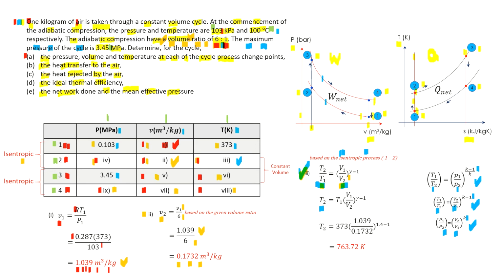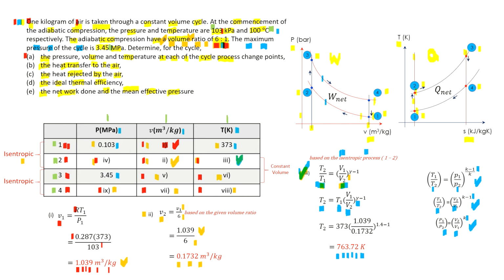Once you have T2 as the subject, V1 over V2, which is the volume ratio, taken to the power of gamma minus 1 first, then multiplied by T1. You should get the temperature of 763.72 Kelvin.